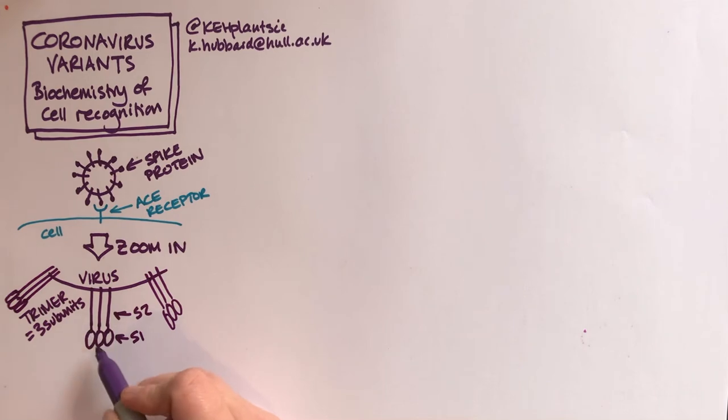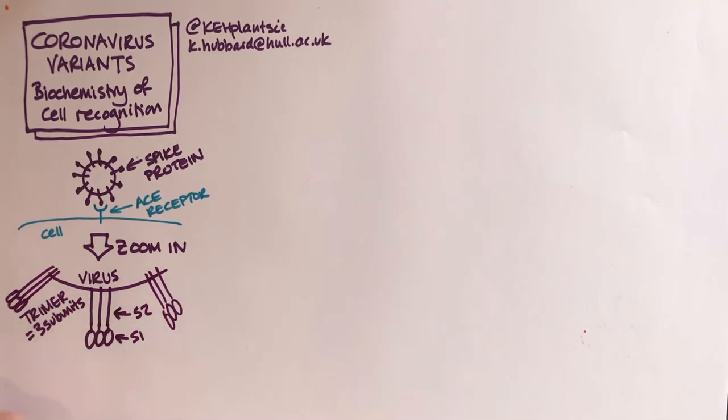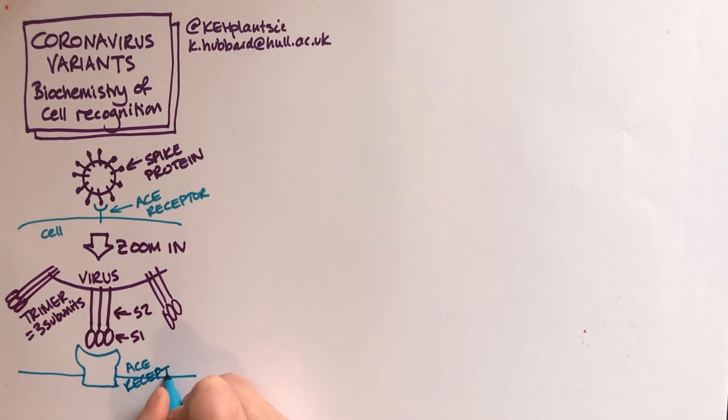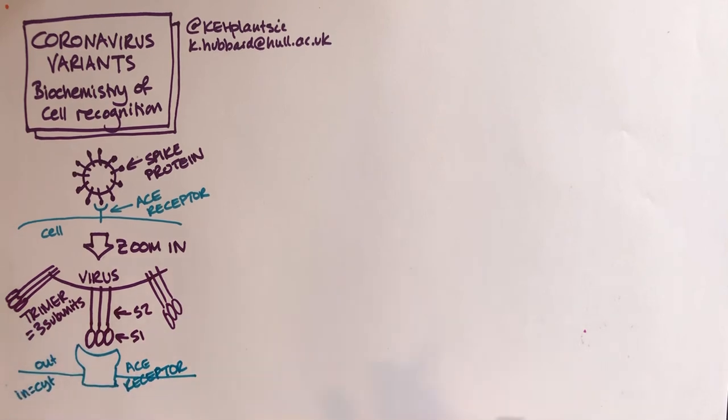So they've got 3 proteins coming together with these 2 different domains in them, and as I say, they bind to the ACE receptor. So I'm just going to draw that in a bit bigger, that we find in the cell membrane. So that's the ACE. And that's the outside, and that's the inside of your cell, which is the cytoplasm.